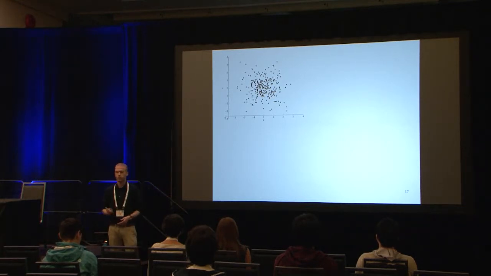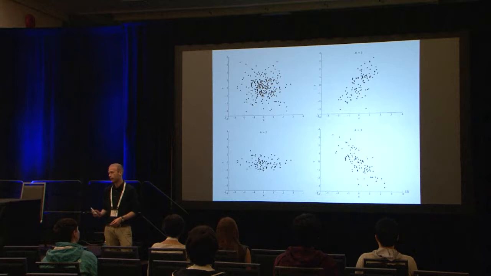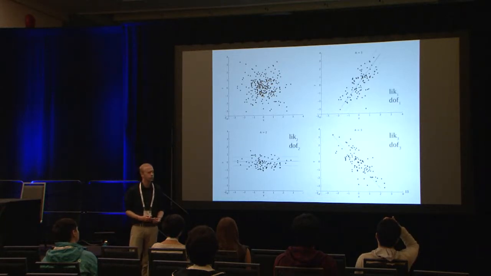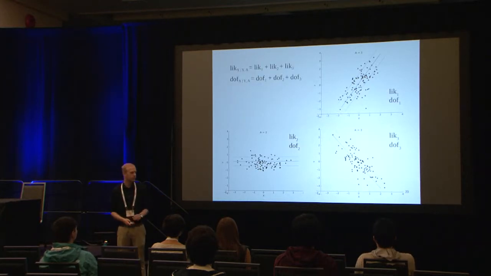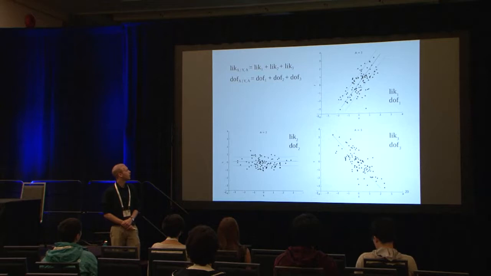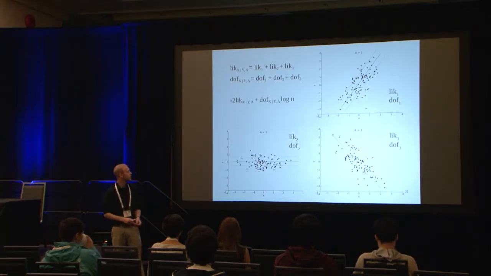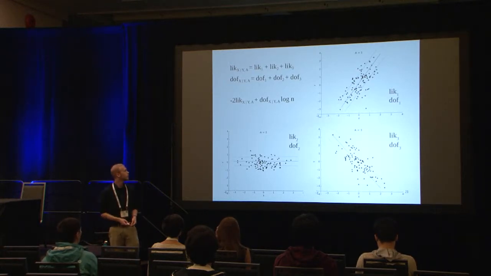A has three values, so we split it into three partitions: A equals 1, A equals 2, and A equals 3. We fit regressions to each one of these, take the log likelihood terms and degrees of freedom for each one of these regressions, and sum them together to get our final log likelihood and degrees of freedom terms. Using these, we can score this case with the Bayesian information criterion.